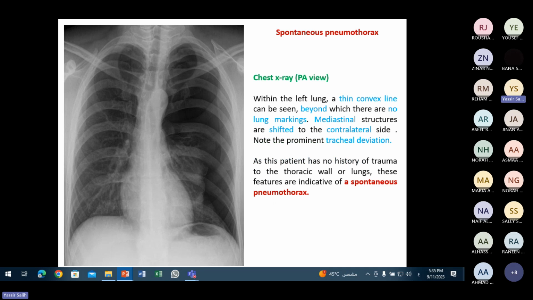This is in case of tension pneumothorax. The signs we mentioned last concern the diaphragm, flattening or inversion, and shifting of the mediastinum and trachea. But in simple pneumothorax we only have increased hyperlucency of one side.